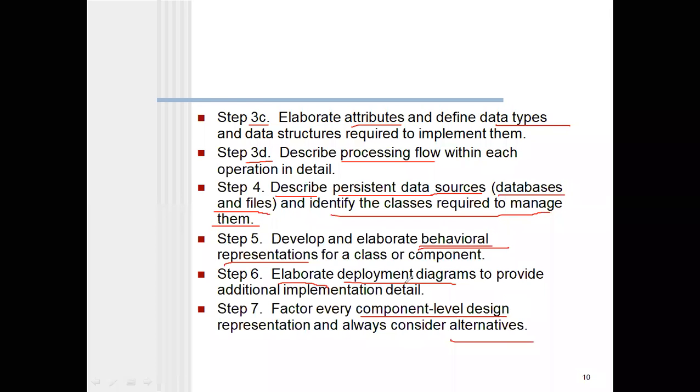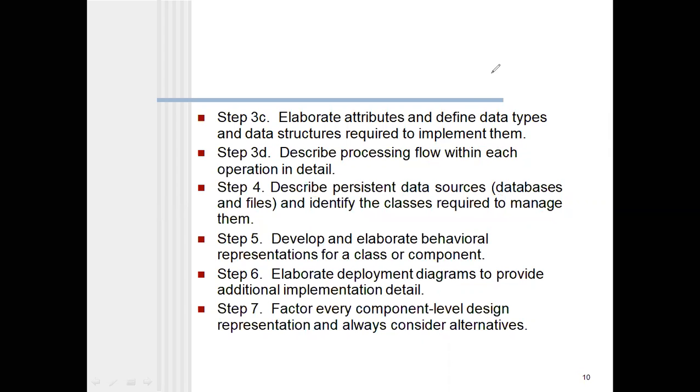This is used as an alternate for us, right? So these are the seven steps or seven tasks while developing a component level design. You need to follow these seven tasks. This is about conducting a component level design.